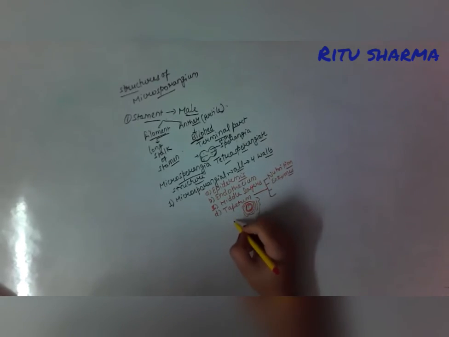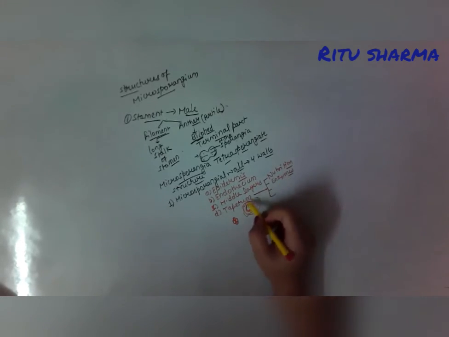As we all know, this is a four microspore tetrad, in which the pollen grains are attached with the help of callose, and this callose will be dissolved by the enzyme secreted by tapetum. Okay.